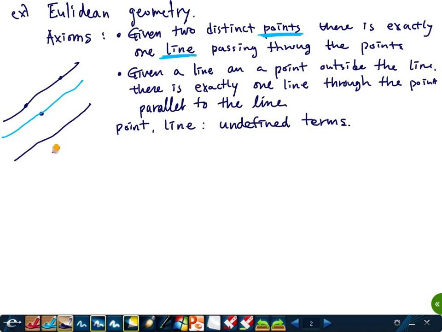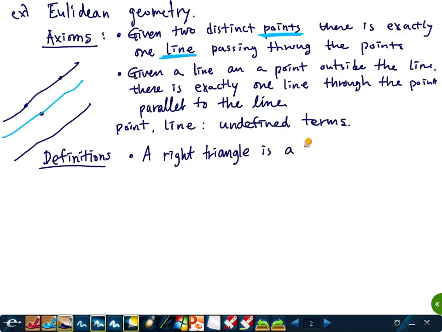Right, but we can define many things. So here are examples of definitions. So the axioms, definitions. A right triangle is a triangle one of whose angles is equal to 90 degrees.